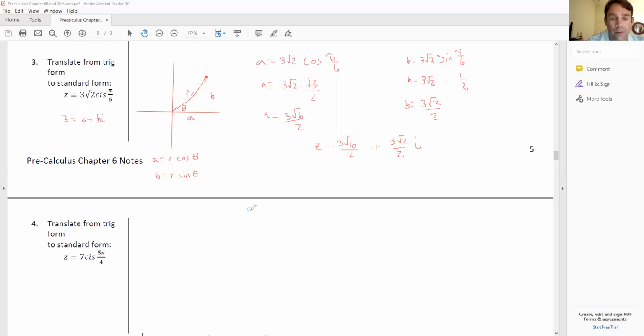All righty, let's see this here. We have A is 7 cosine of 5 pi over 4, and B is 7 sine 5 pi over 4. So 7 times negative root 2 over 2. And over here for B, we have 7 times negative root 2 over 2 again.